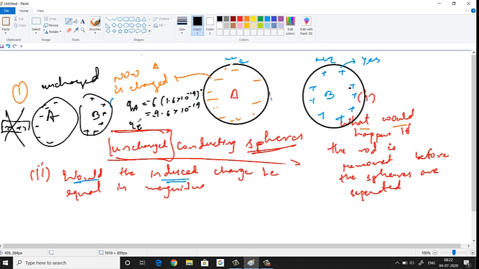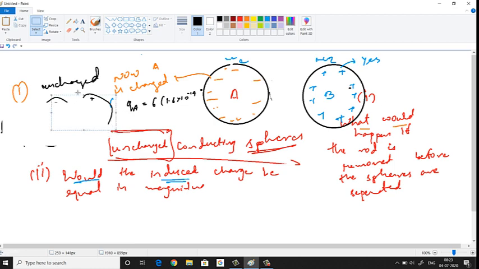For B we have positive charge, 6 of them, each 1.6 into 10 power minus 19. You'll get the same, 9.6 into 10 power minus 19 coulombs. What is the difference? Here it is negative, here it is positive. That's all. Will the magnitude of charge be the same? Yes, it will be the same. The answer is yes.